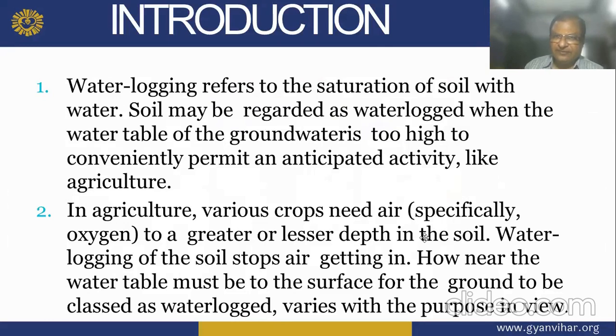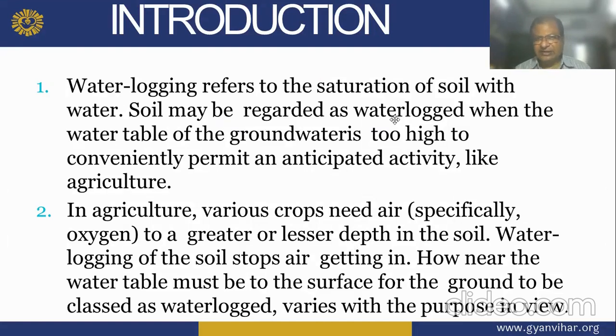Waterlogging refers to the saturation of soil with water, and soil may be regulated. Land is waterlogged when the water table is too high to permit an anticipated activity like agriculture.